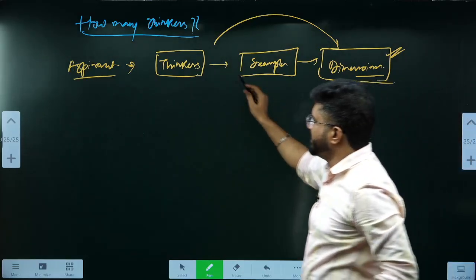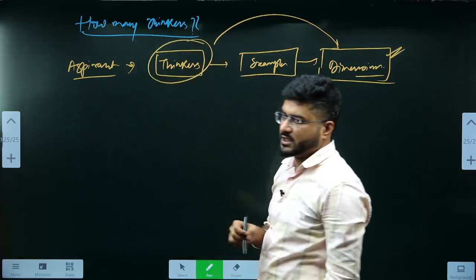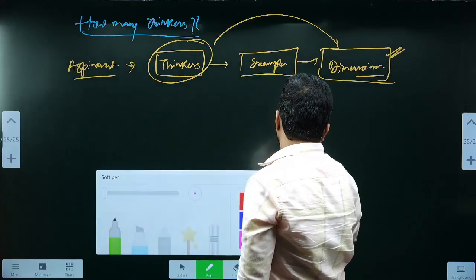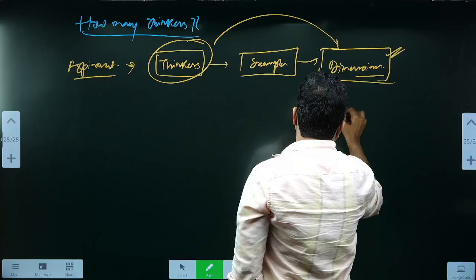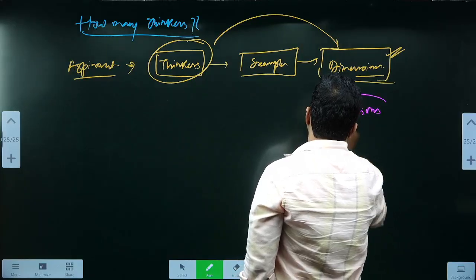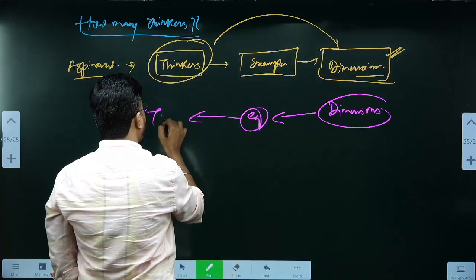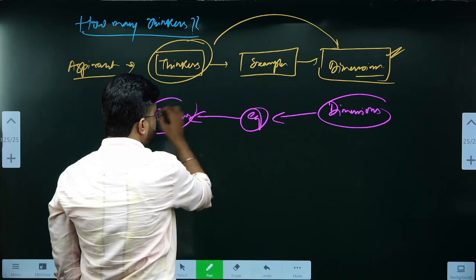Because what did we do? We tried to mug up as many thinkers as possible. Whereas UPSC wants you to write as many dimensions as possible, enrich those dimensions with examples, and then look for clubbing thinkers.